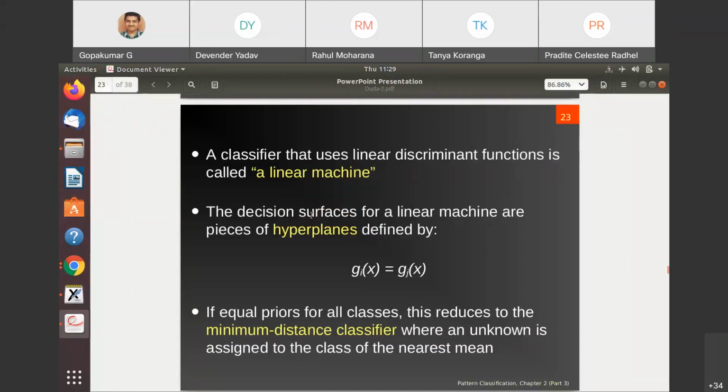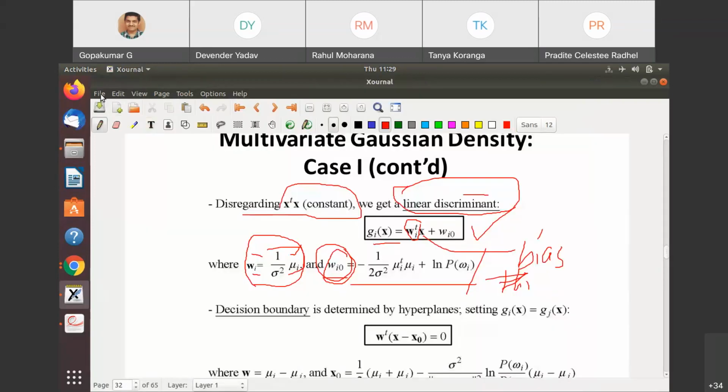So when you consider a decision surface, here assume that we are having a decision region, say for example R1, and suppose we are having a region R2. So this is R1 and this is R2.